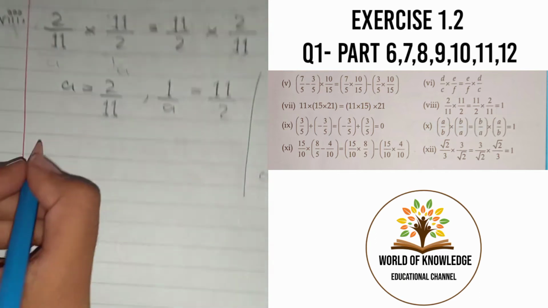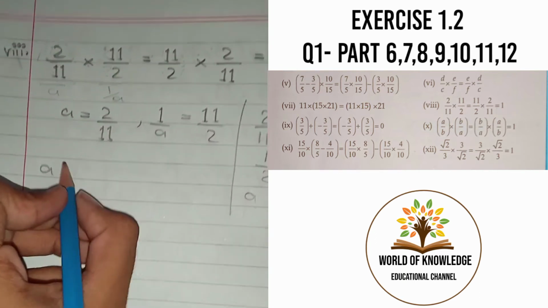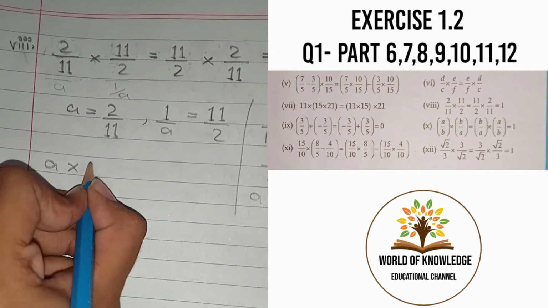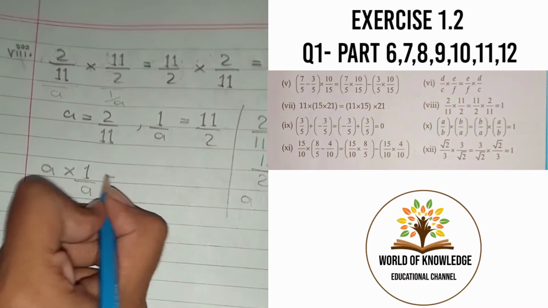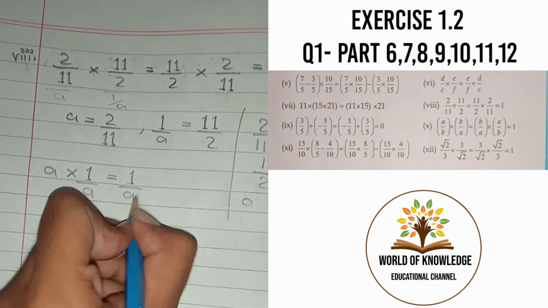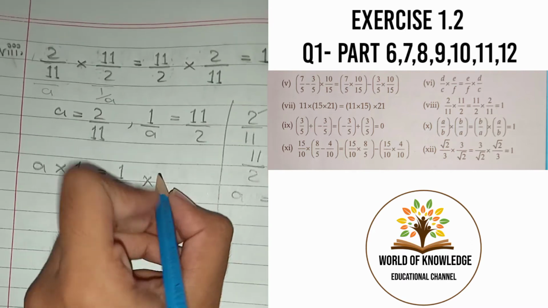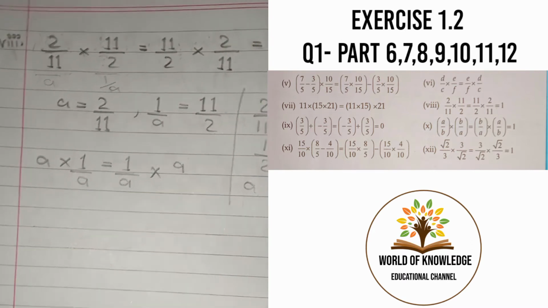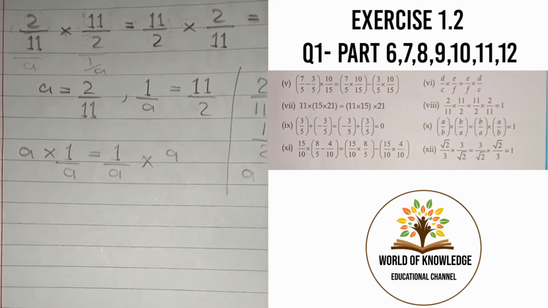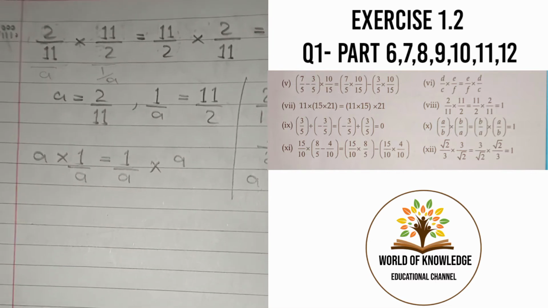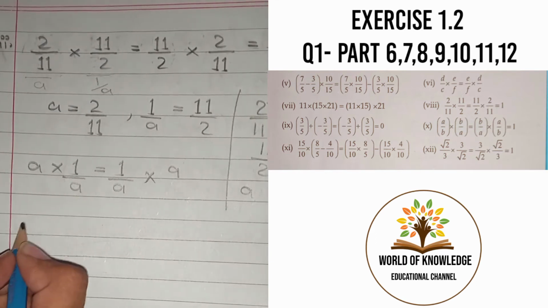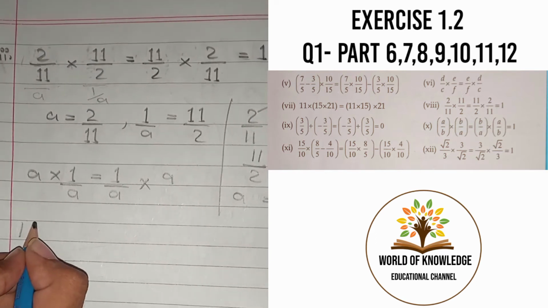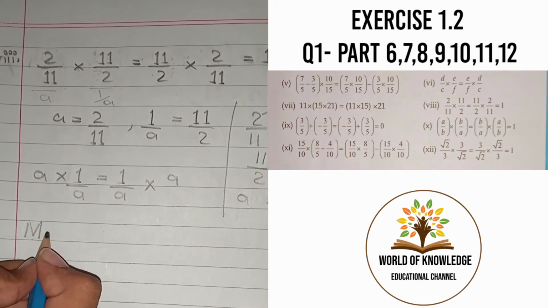So we put a in place of 2 upon 11, multiplied by 1 upon a, equals 1 upon a multiplied by a, and this property will be known as multiplicative inverse property. Why? Because here we take the reciprocal of the values and there is the sign of multiply, so it will be multiplicative inverse property.